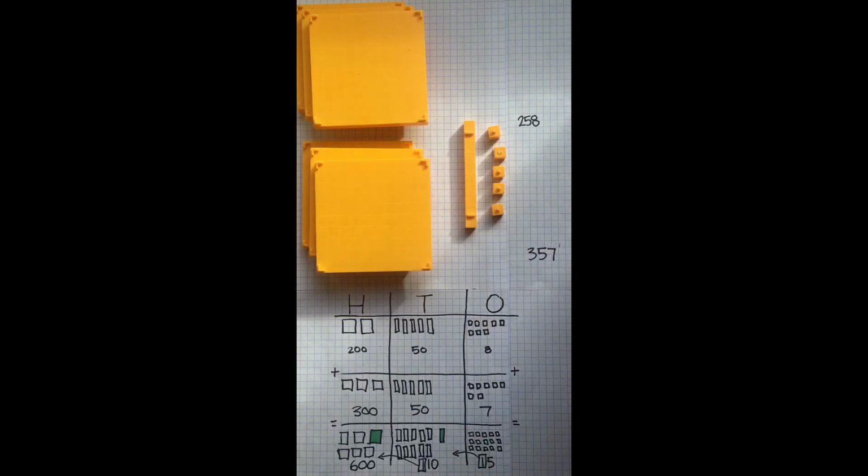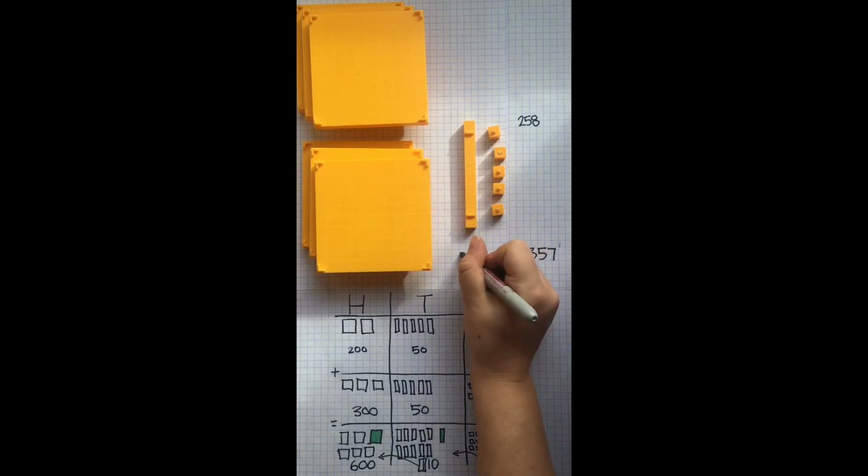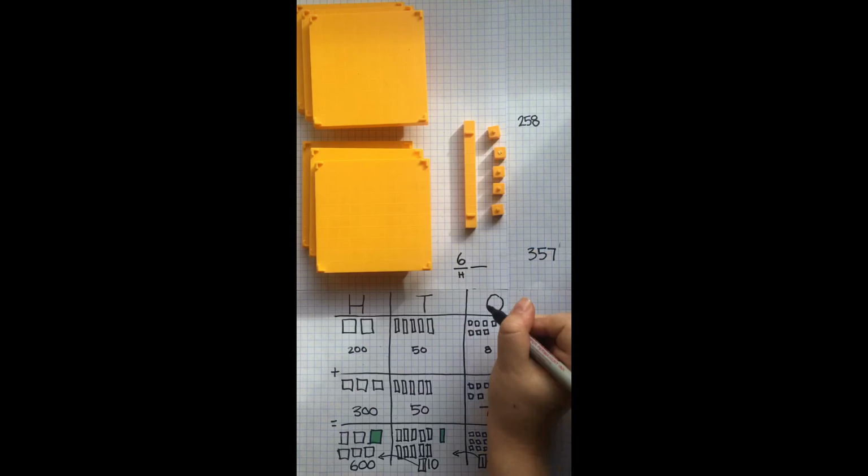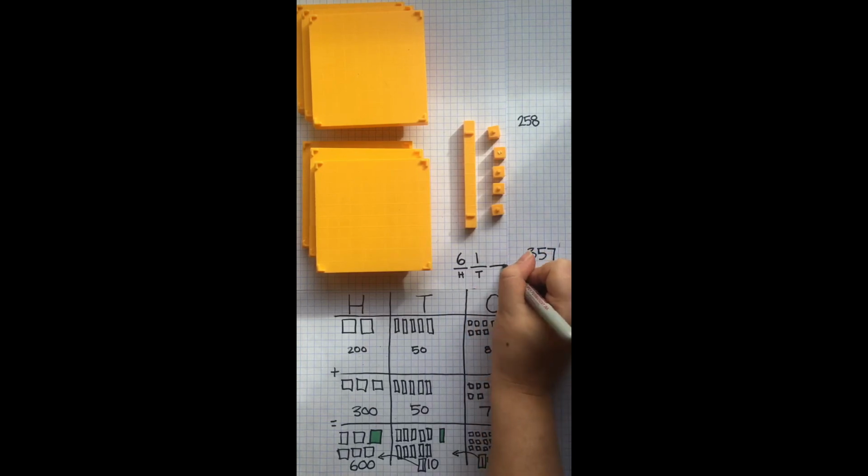We can now both see concretely and through the graph that we have 600 due to the 6 coming over here and the 500 from these two. We have 1 in the tens column and 5 in the ones column. This results in the number 6 in the hundreds, 1 in the tens, and 5 in the ones.